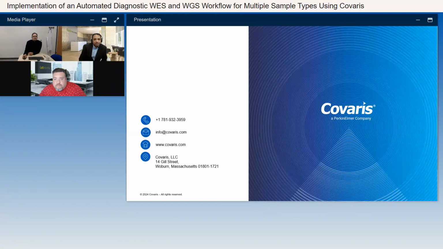Regarding the sample volumes, our AFA-based consumables are designed to accommodate volumes ranging from 5 microliter to 130 microliter, making them suitable for most of the NGS library prep workflows available in the market. If there are any specific questions related to your custom workflows, please reach out to us. Covaris Solutions team will be happy to assist.